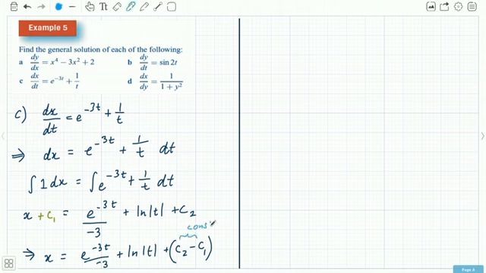And because this whole thing is a constant, you could simply relabel that so that you had x equals e to the negative 3t over negative 3 plus log t plus, I'd just call this k, where k is a constant. So you can just relabel. That's the reason we don't bother putting a constant of integration on both sides, because we could just combine them into a single constant.